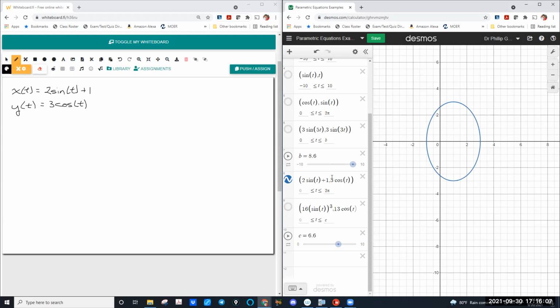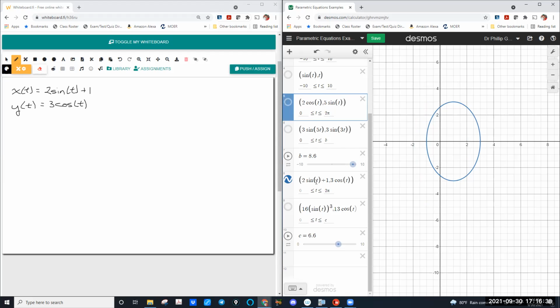Cosine, sine, sine, cosine. When they have the same number in front, they make a circle. When you change those numbers, they make the ellipse. And guys, this is one that's really easy. If you sub these into those equations for the ellipse, because of the Pythagorean identity, it's really easy to verify that these create the ellipse that we're seeing.